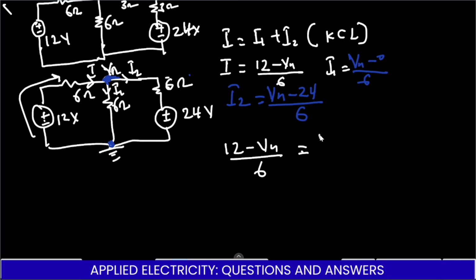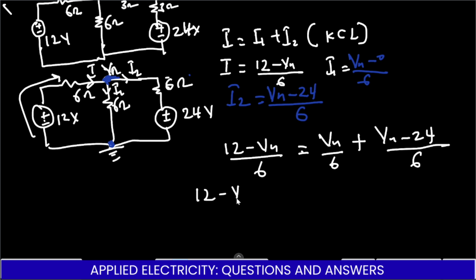I1 is Vn over 6 plus I2, which is Vn minus 24, all divided by 6. Realize that the denominators are all the same, so we can just multiply by 6 and they will go, or we can just equate the top. So we can say 12 minus Vn is equal to Vn plus Vn minus 24.